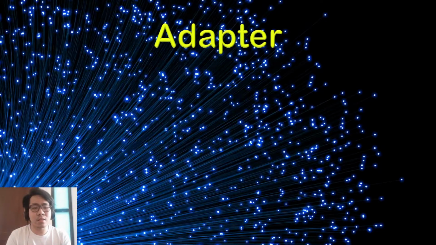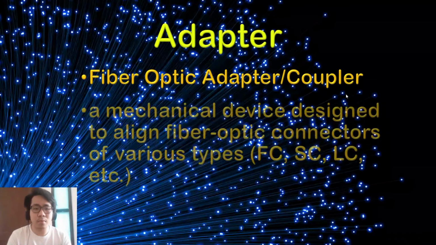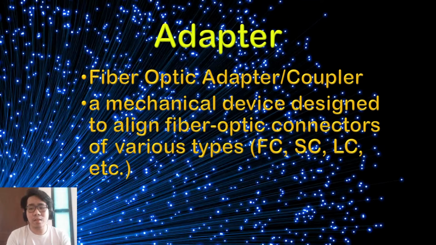And lastly is the adapter. It is actually a fiber optic adapter or coupler. What does this adapter or coupler mean? It is a mechanical device designed to align fiber optic connectors of various types. For example, we have FC, SC, LC connectors, and more.